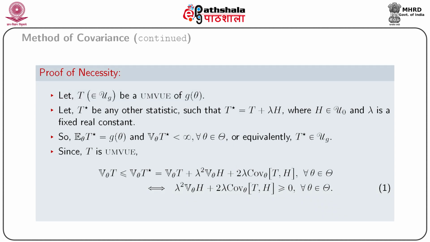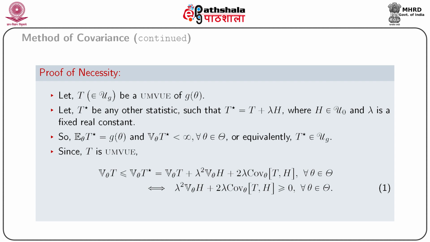Now, we shall prove this method of covariance. First, we shall discuss the only if part. Let T belonging to U_g be a UMVUE of g(theta) and T star be any other statistic such that T star equals T plus lambda times H, where H belongs to U_0 and lambda is a fixed constant.